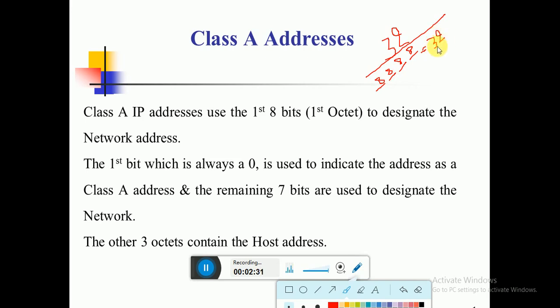Now the question is, how many bits belong to the network portion and how many bits belong to the host portion? To find the answer to this question, we need to study each class one by one, because this is totally different in each class.